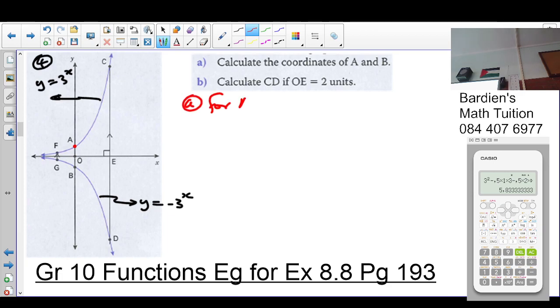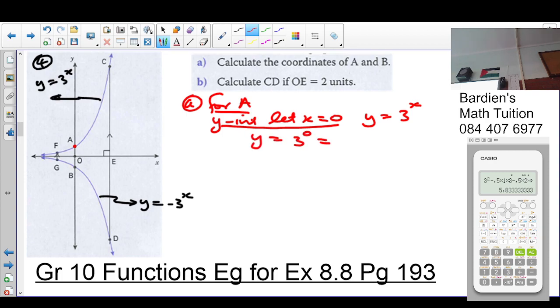So for A, the y-intercept, we let x equal 0 in the y equals 3 to the x graph. So we now say y equals 3 to the 0. Anything to the power 0 is? So therefore, A is (0; 1).